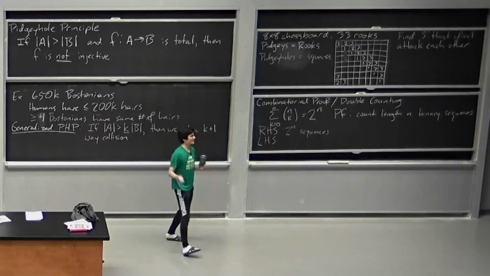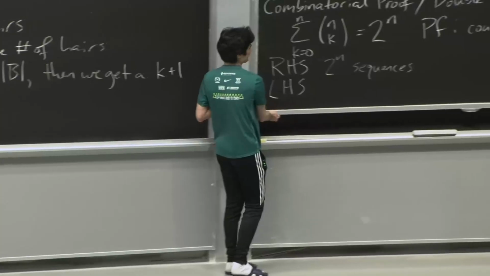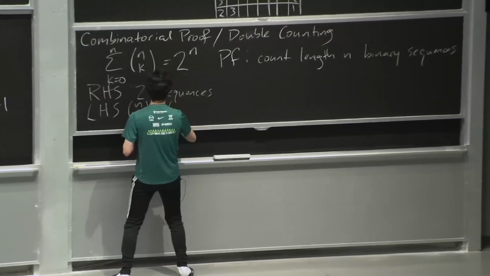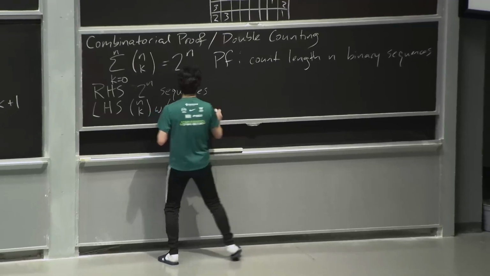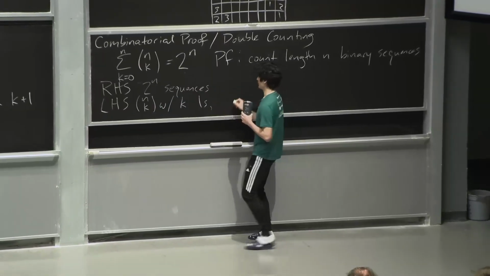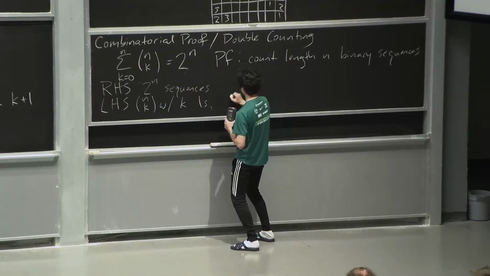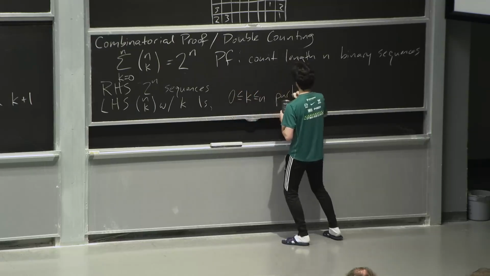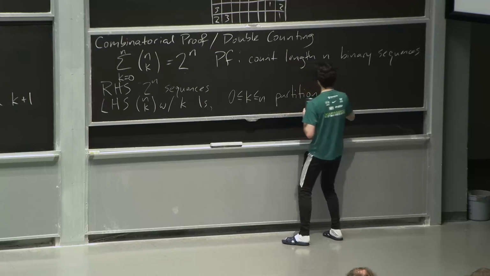N choose 3, yeah. Or more generally, there are n choose k with k 1s. And k from 0 through n form a partition of our set.